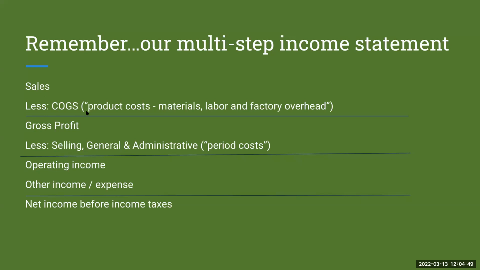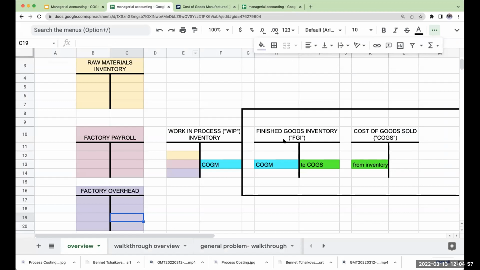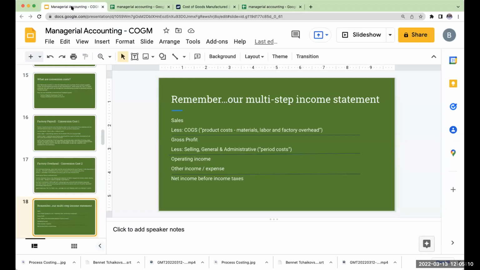What's going to be in cost of goods sold? These are my product costs: materials, labor, factory overhead. That's what goes into cost of goods sold. It starts raw here, then payroll, overhead, and this is the way it travels over here, ultimately to cost of goods sold. These are product costs.